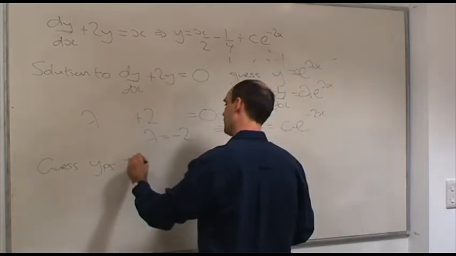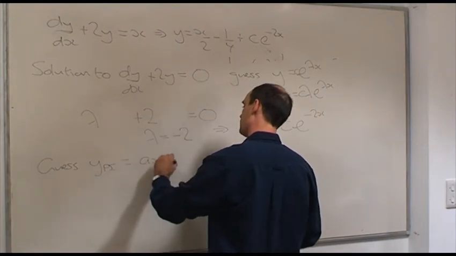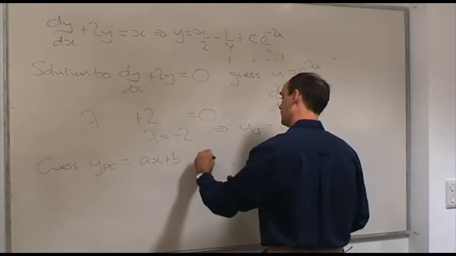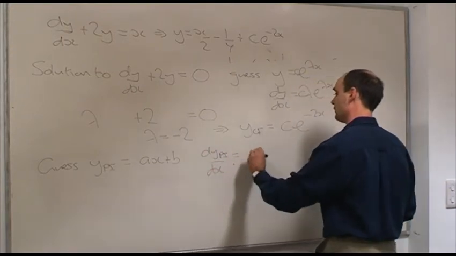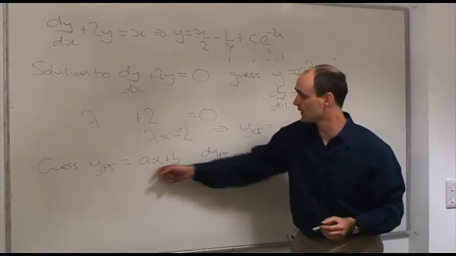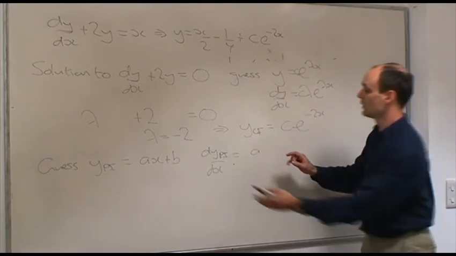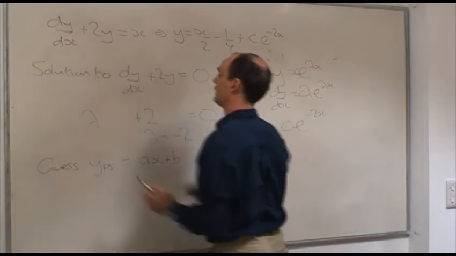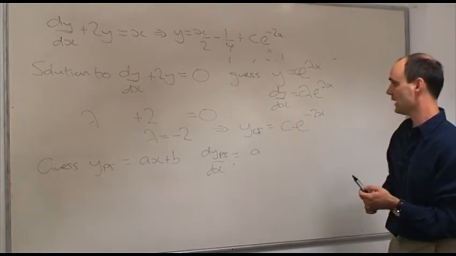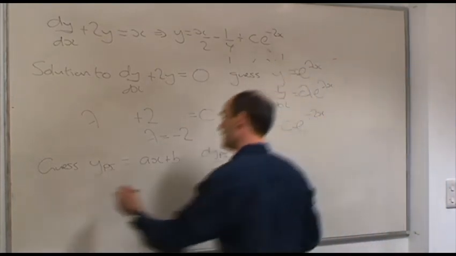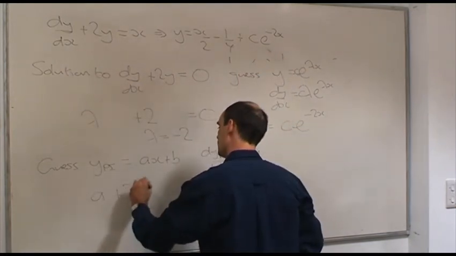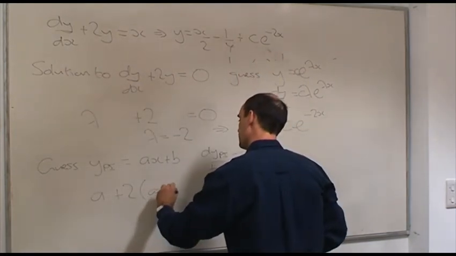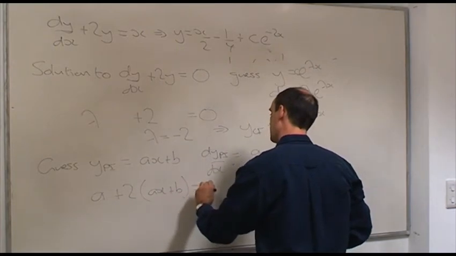So if we guess y_pi is equal to ax plus b, then dy_pi/dx must just equal a. We differentiate ax plus b, we get a. And then we substitute that in here, and that tells us that a, that's dy/dx, plus 2 lots of ax plus b has got to equal x.